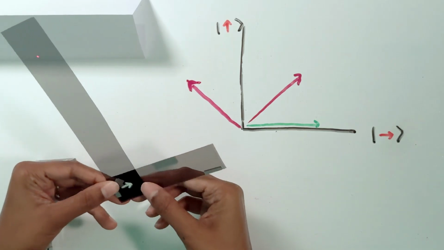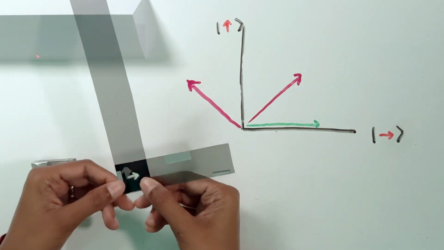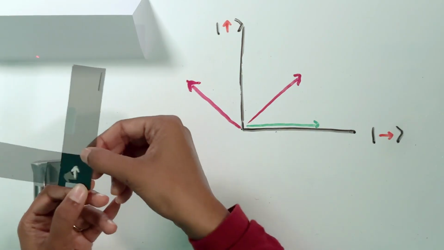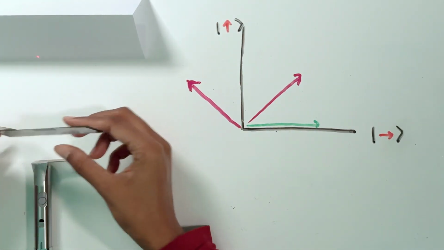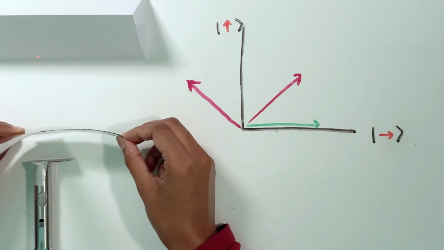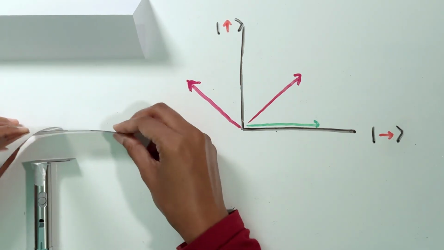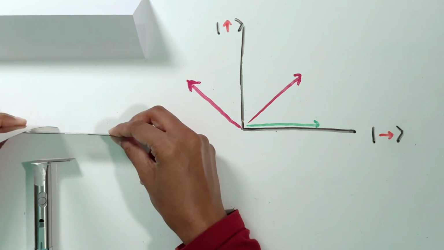These two directions are orthogonal to each other, so they define a measurement basis. In fact, any two directions that are at right angles to each other form a basis. So it can be in any direction whatsoever. And they are opposite to each other, meaning that if you do one and then the other, it completely cuts out all of the light.